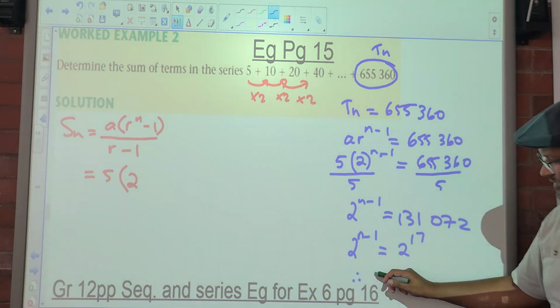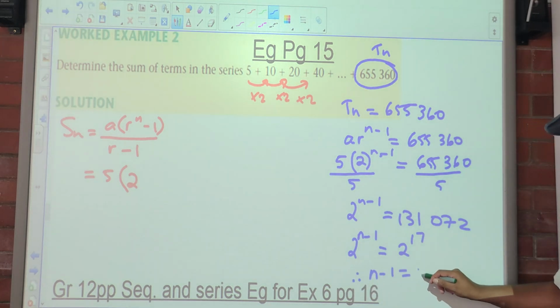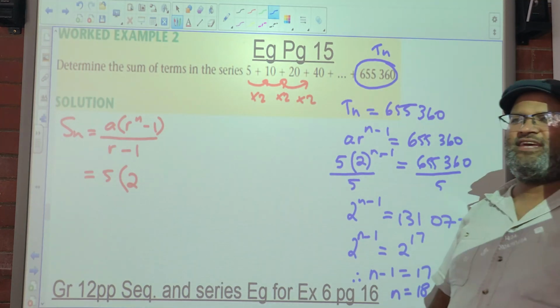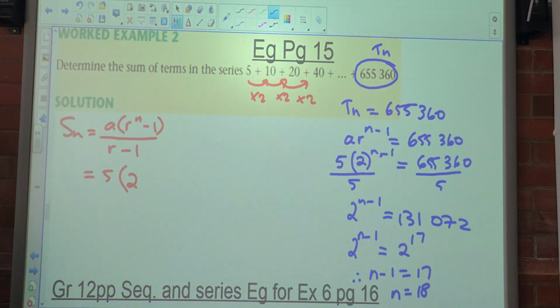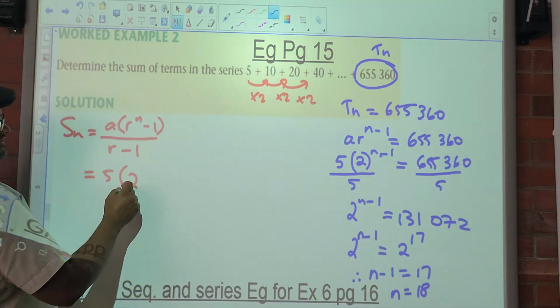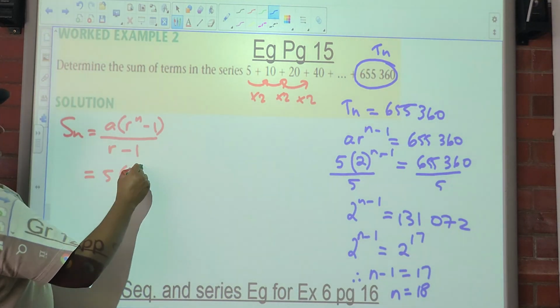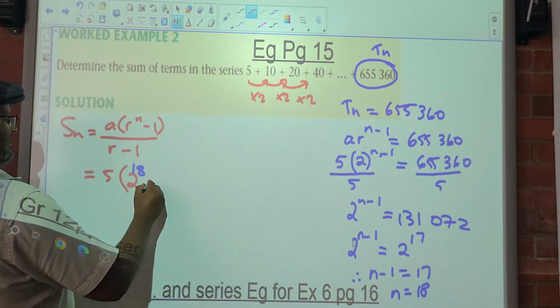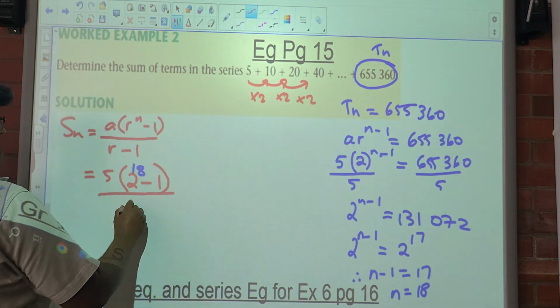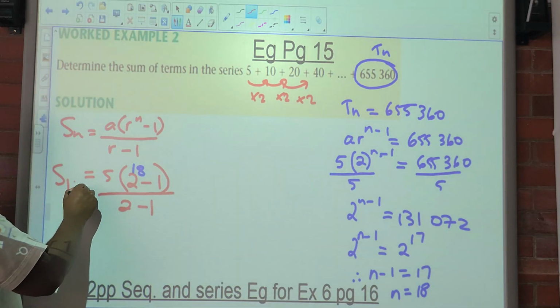So therefore, n minus 1 is equal to 17. So n is equal to 18. There are 18 terms in the series. So it's going to be 5 into 2 to the exponent 18 minus 1 over 2 minus 1. This is the sum of 18 terms.